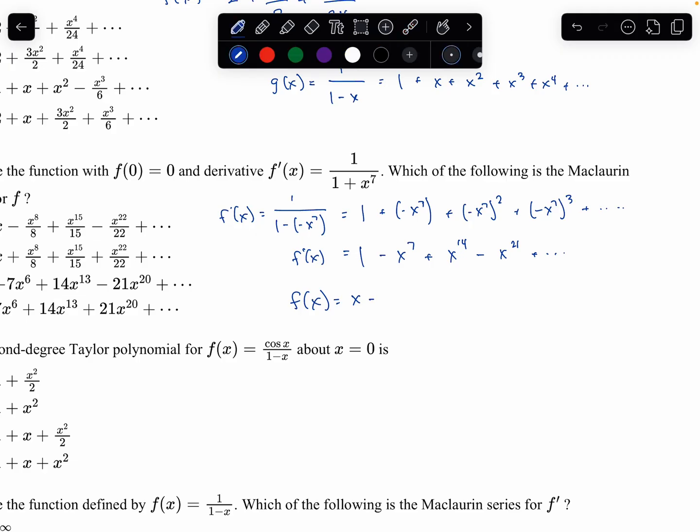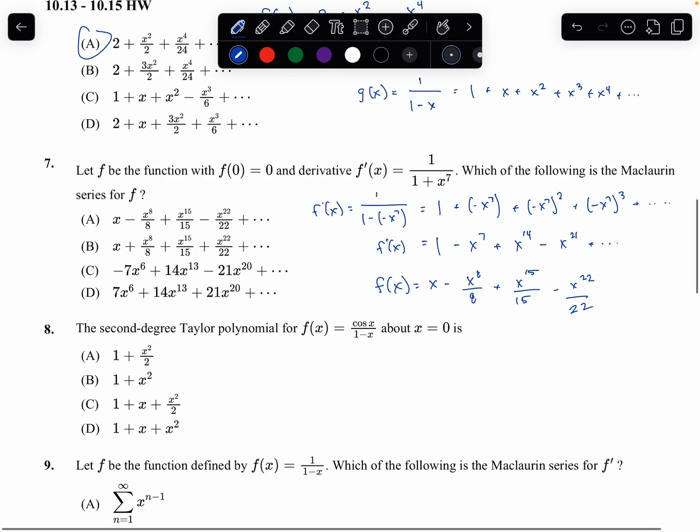That's going to be minus x to the 8th over 8, and then plus x to the 15th over 15, minus x to the 22nd over 22. So I think we have an answer here. We should have A.